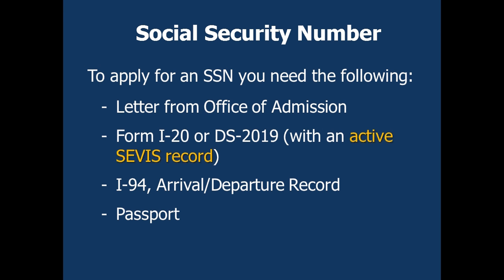Again, you will need an I-94 arrival departure record. You will also need to share your passport. Please make sure you take the original documents with you. The Social Security Administration will then make a photocopy of this document. Do not take photocopies. They will not accept them.